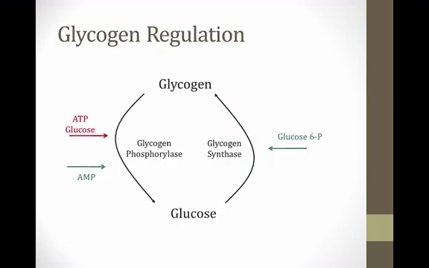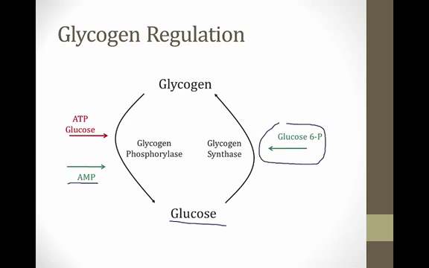Hormones aren't the only things that can influence glycogen synthesis and breakdown. There are molecules inside of the cell that can influence the process. When AMP levels are high, this means that the cell is breaking down lots of ATP and it needs more energy. So this will activate the breakdown of glycogen into glucose so the cell can use the glucose to generate more ATP. When the levels of glucose 6-phosphate are high, this means that the cell has lots of glycolysis intermediates.